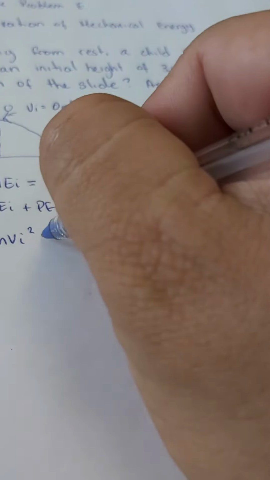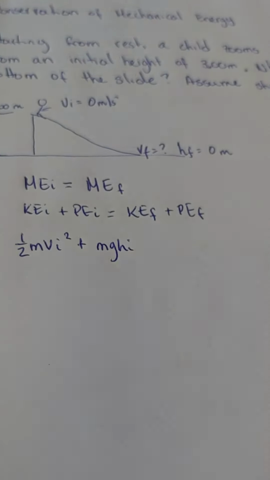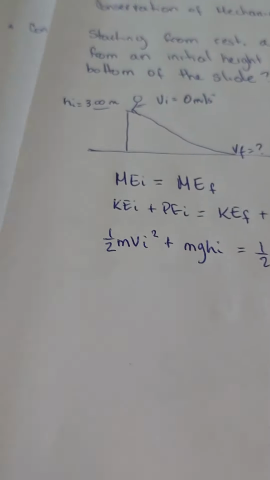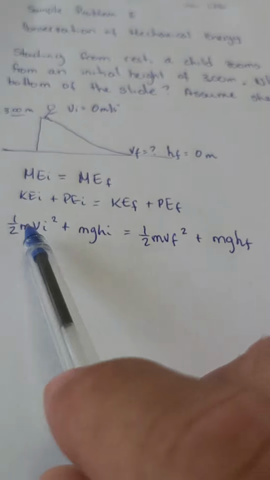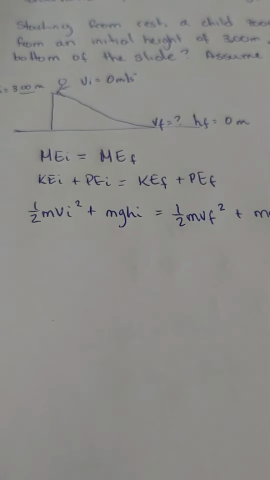Now, going back to the formula. What is initial kinetic energy? 1/2 mass times initial velocity squared plus mass times gravity times initial height equals 1/2 mass times final velocity squared plus mass times gravity times final height. Notice on this side of the equation we can factorize.